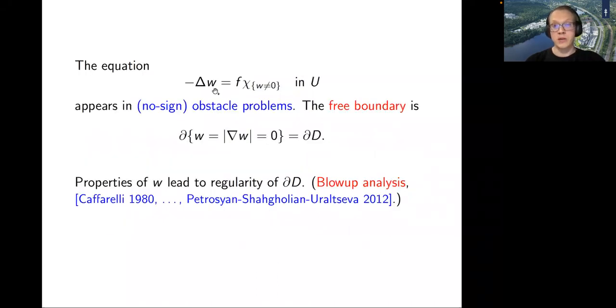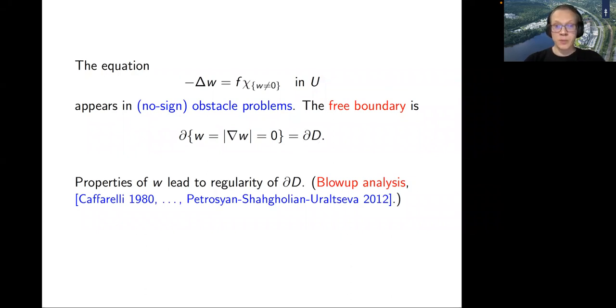So this kind of equation, minus Laplacian W equals F times the characteristic function of the set where W is not equal to 0 in some neighborhood U of the boundary, appears in so-called no-sign obstacle problems. The free boundary is the boundary of the set where W and its gradient vanish, and in this case is equal to the boundary of the obstacle.